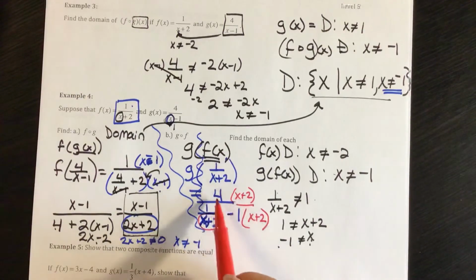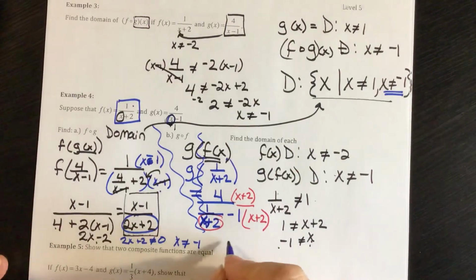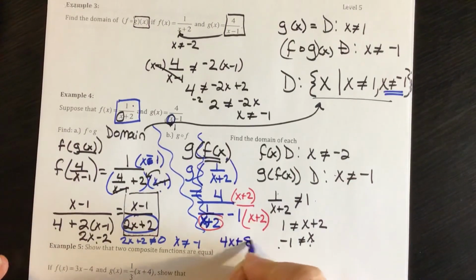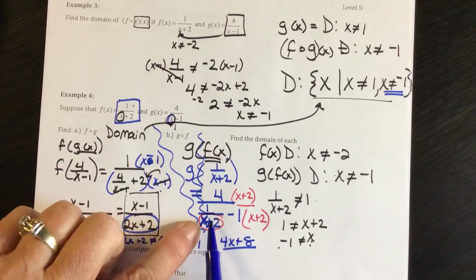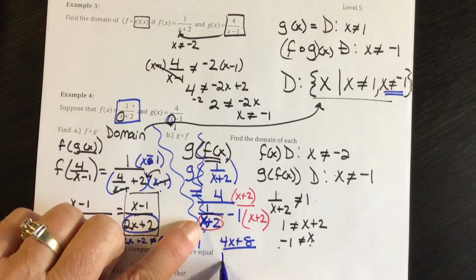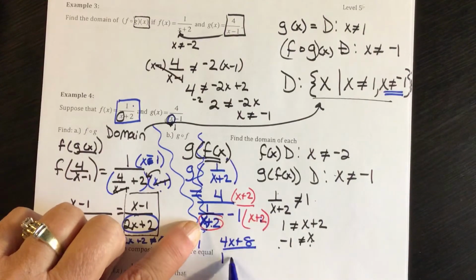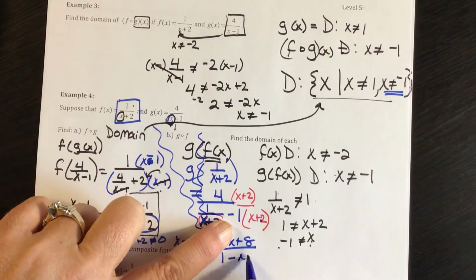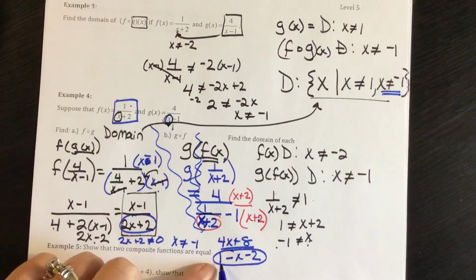So on the top, I'm going to have 4x plus 8, because I'm distributing here. And then on the bottom, I'm going to have 1 because the x plus 2's cancel, and then minus x minus 2. So this part right here is minus x, 1 minus 2 is minus 1.